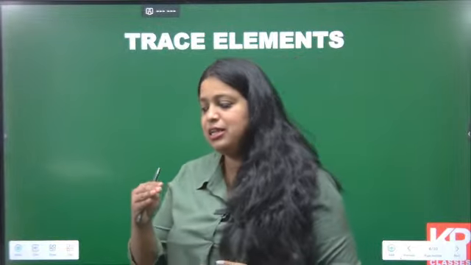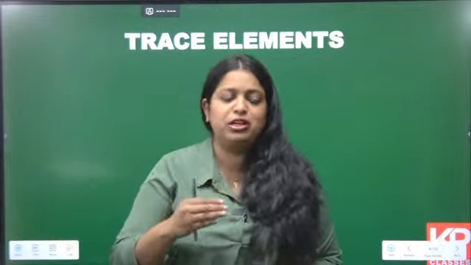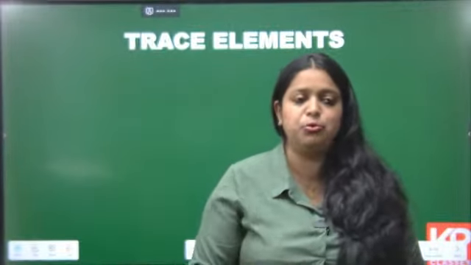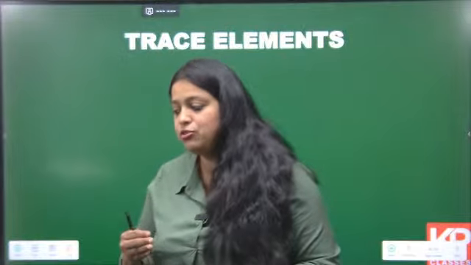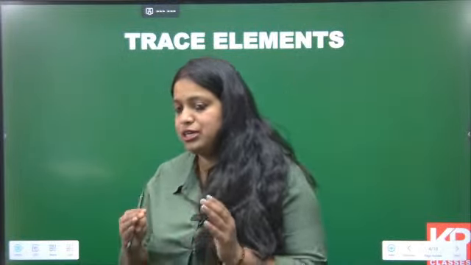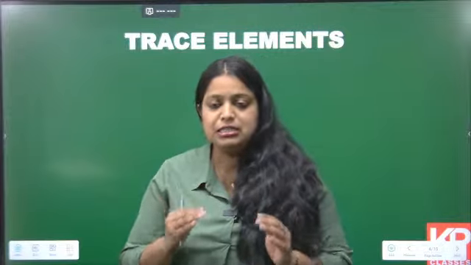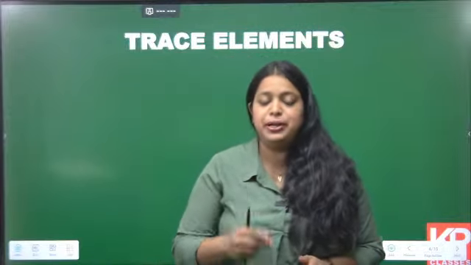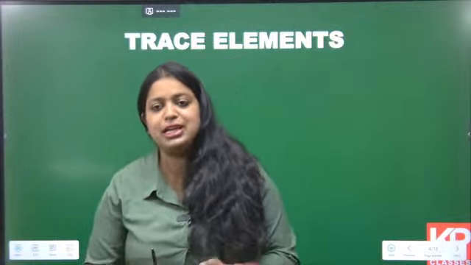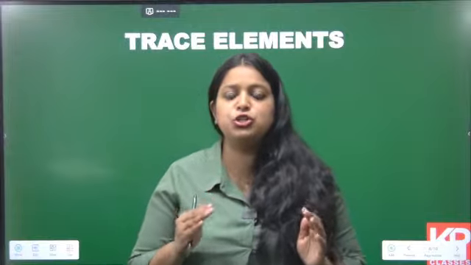Why is it important? How can it give huge data about a rock sample? Because of its distribution. How do they get distributed during crystallization? The distribution of a trace element depends upon its ionic radius and ionic charge. Depending upon the ionic radius and ionic charge, distribution of trace elements takes place.